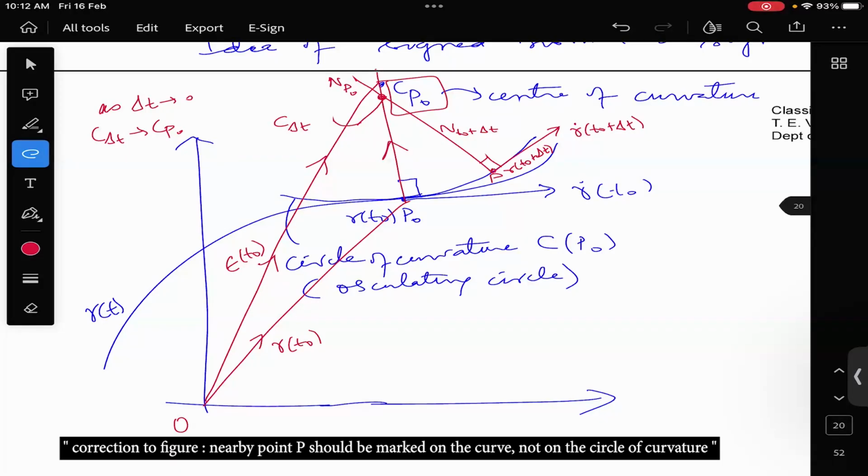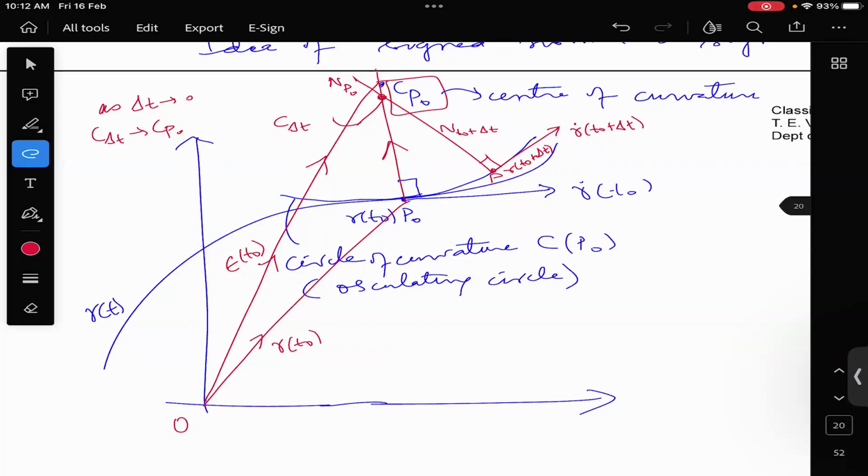If you call it n hat at p naught, then you have a very simple vector equation: epsilon of t naught is equal to gamma of t naught plus n hat p naught times this length. The length from p naught to C p naught is the radius of curvature, so I should write times the radius of curvature at p naught, or of course radius of curvature at t naught. So this was the vector equation.